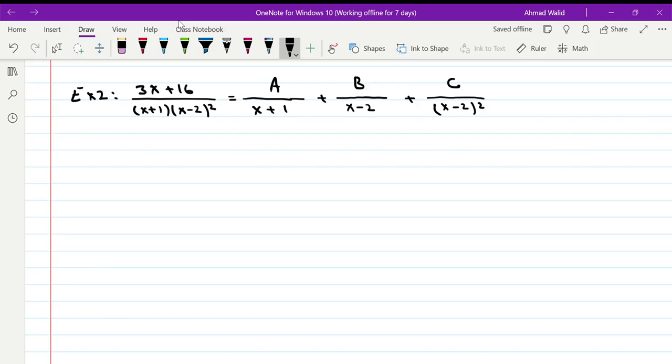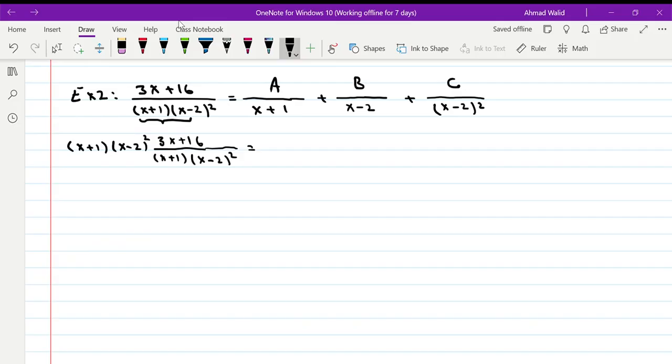Correct? Now multiply both sides of your equation by the LCD, and your LCD is your denominator. This one is your LCD. Then you can write x plus 1 times x minus 2 squared times 3x plus 16 over x plus 1 times x minus 2 squared equals, multiply the same thing to all fractions.